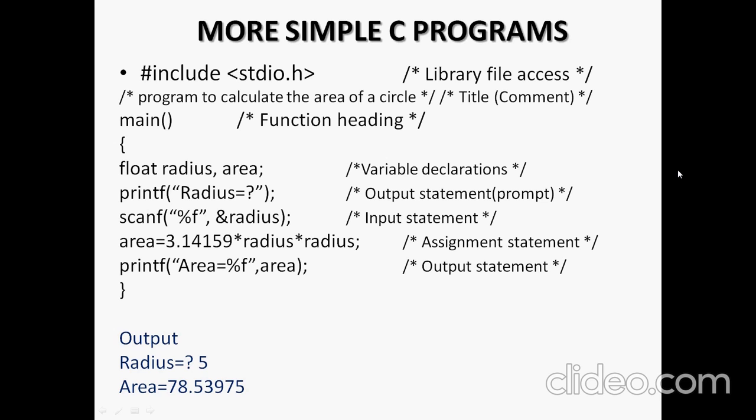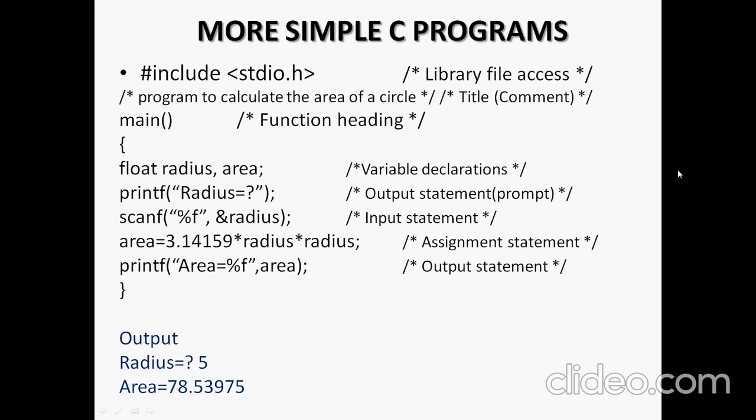We have one more program, and this program will display the area of a circle. To calculate the area of a circle, we have written this heading at the top of the program with /* and */. Main opening curly brace, float radius comma area semicolon. Printf in double quote radius equals question mark.